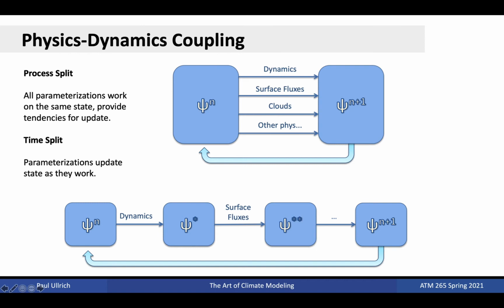The process split configuration shown at the top is more efficient because all parameterizations can be run in parallel, while the time split configuration shown at the bottom, where parameterizations are run one after another, allows individual parameterizations to more easily conserve mass and energy. These choices are significant, but given the time available, we'll only gloss over them in this lecture.